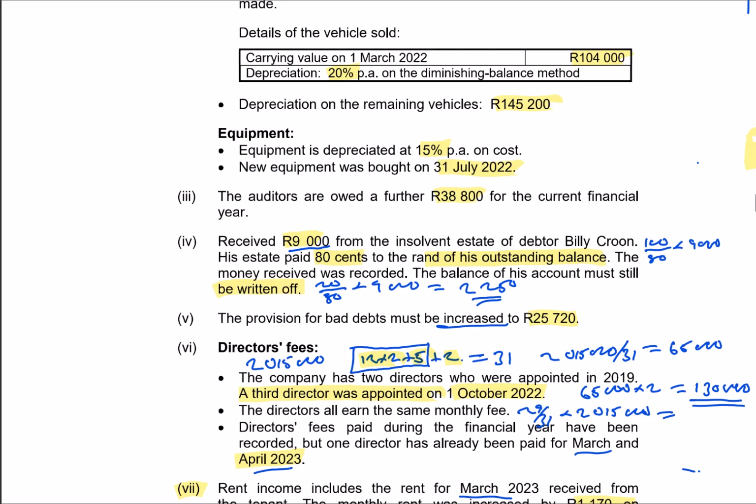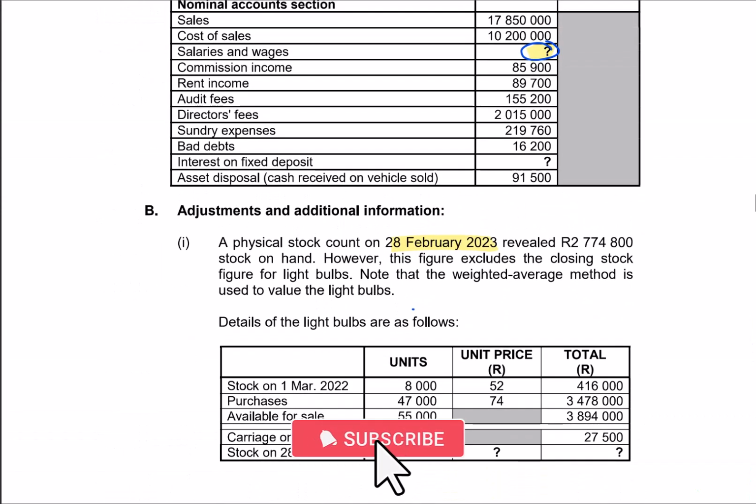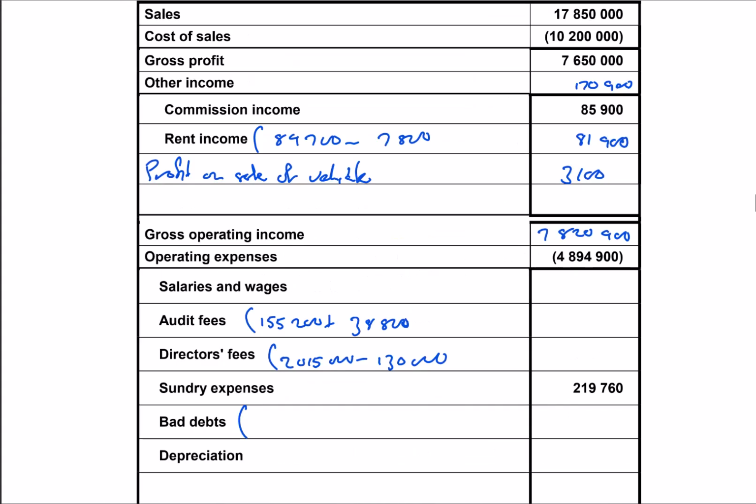This will give you 11,250, and then we say 11,250 minus 9,000, you get 2,250. So this will be the shortcut. Right, so 2,250. Then our bad debts, what's our bad debts figure here? 16,200. So that will be 16,200 plus 2,250.